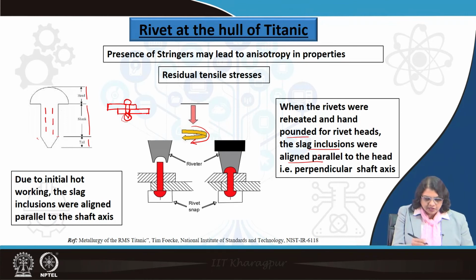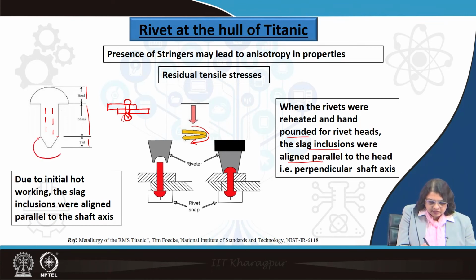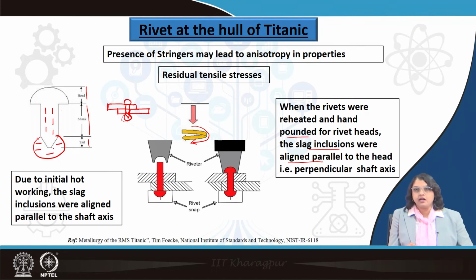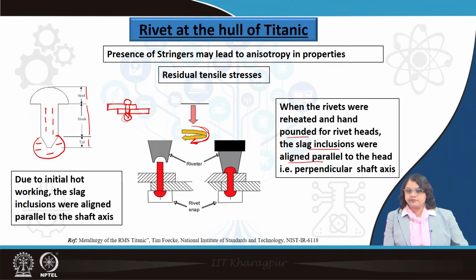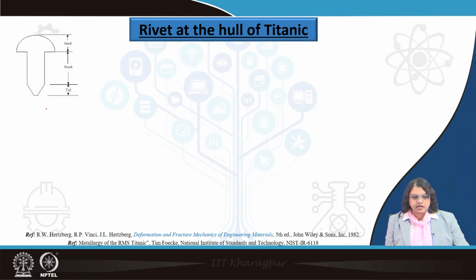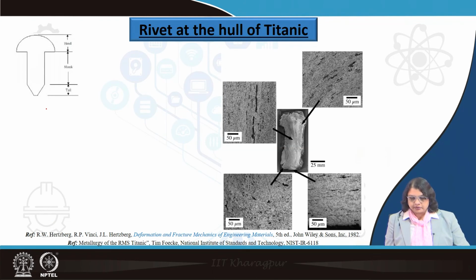So, now the inclusions on this other side are aligned like this, parallel to the head based on the torque direction, and perpendicular to the shank axis. So, we have the inclusions aligned in different ways along the shank and along the head. So far it is fine, and it would not have caused a problem had there been no load applied. Now, what happens when it hits the iceberg?